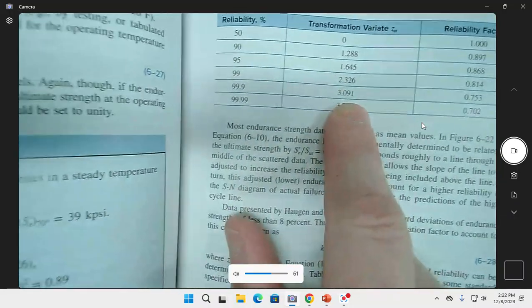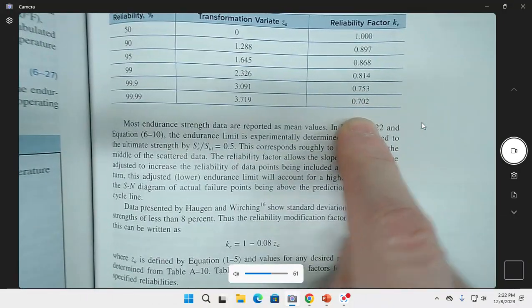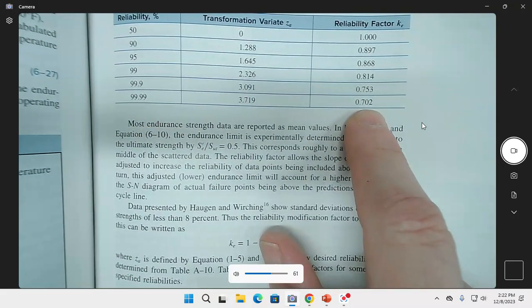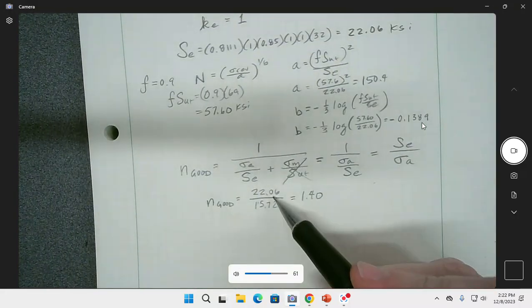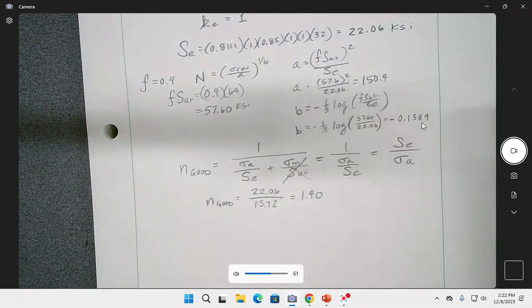Right here, we would take a reliability factor and reduce it down. But that 0.702, you'd multiply it by this right here, and you'd knock the thing down considerably, right? So what if we go 0.702 times this? Now we have 0.985, right?